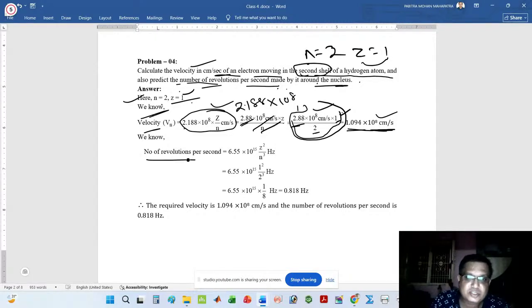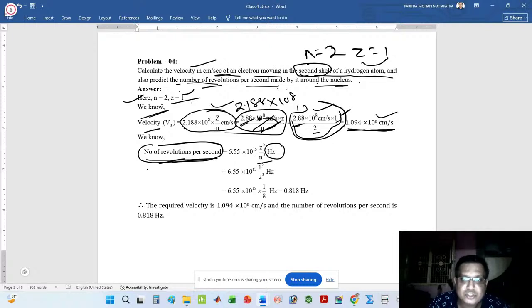Number of revolutions per second. Our second target is to find out the number of revolutions per second. The formula is 6.55 into 10 to the 15 into Z square divided by n cube, that is in hertz.